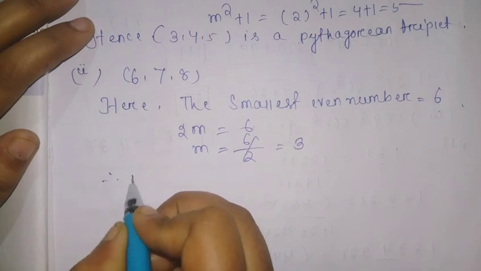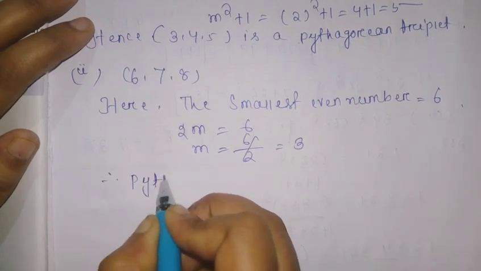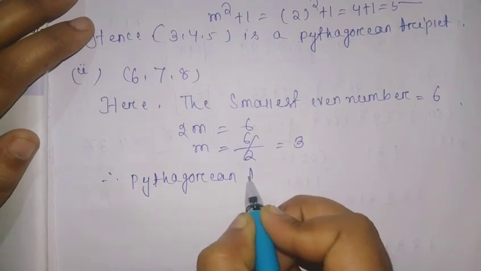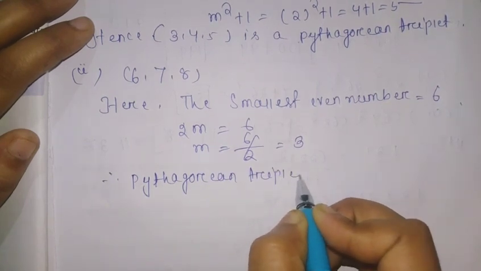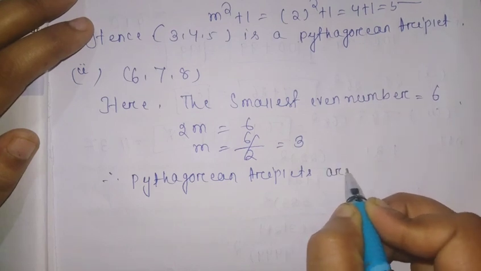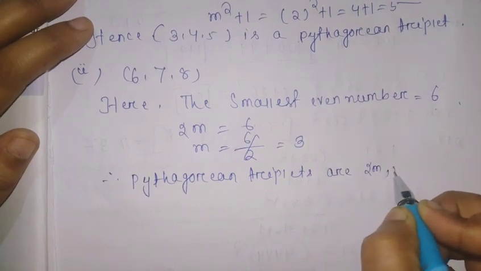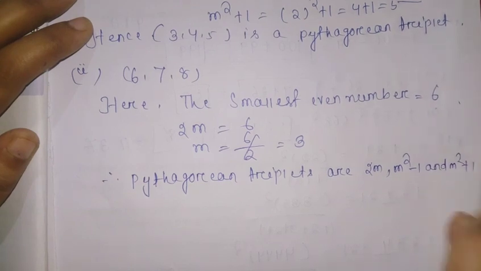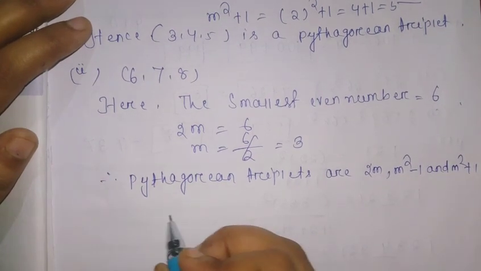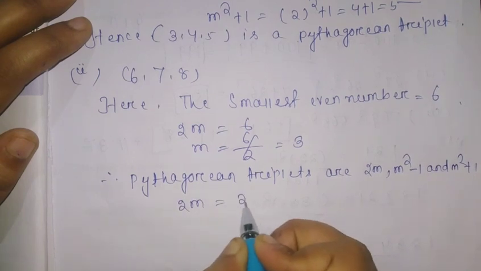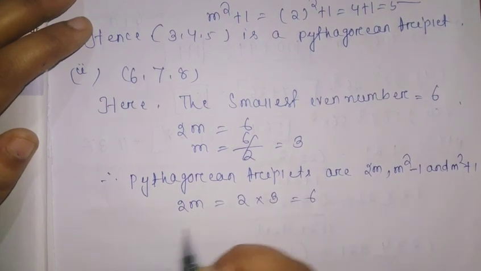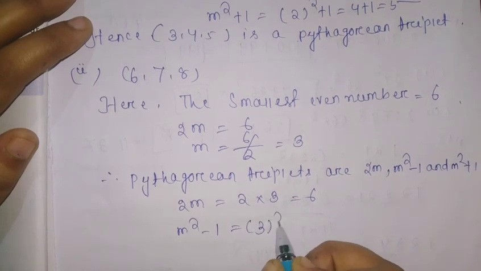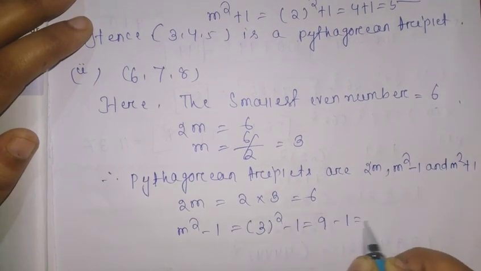Then the Pythagorean triplets are 2m, m square minus 1 and m square plus 1. First we put 2m: 2m equals 2 into 3 equals 6. Then m square minus 1, 3 square minus 1, 9 minus 1 equals 8.